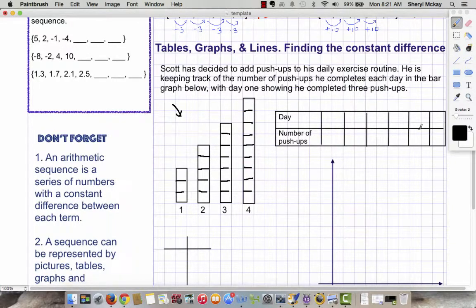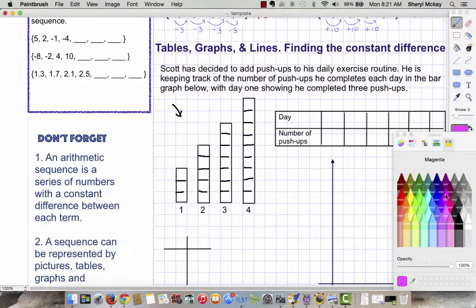So I hope that you notice that what he's doing is on the first day, he did 3 push-ups. And the next day, he did 3 plus 2 more. See that? And then on the third day, he did the number that he did on day 2, which was 5, and he added 2 more.